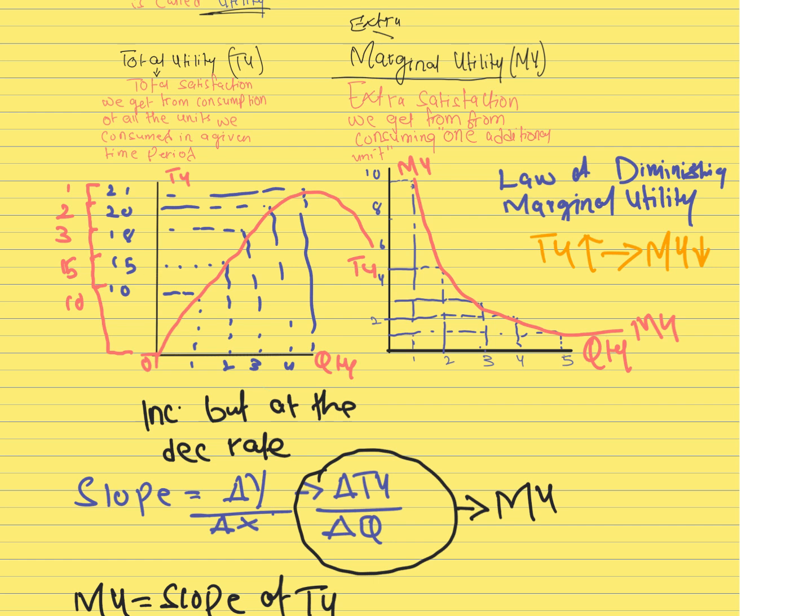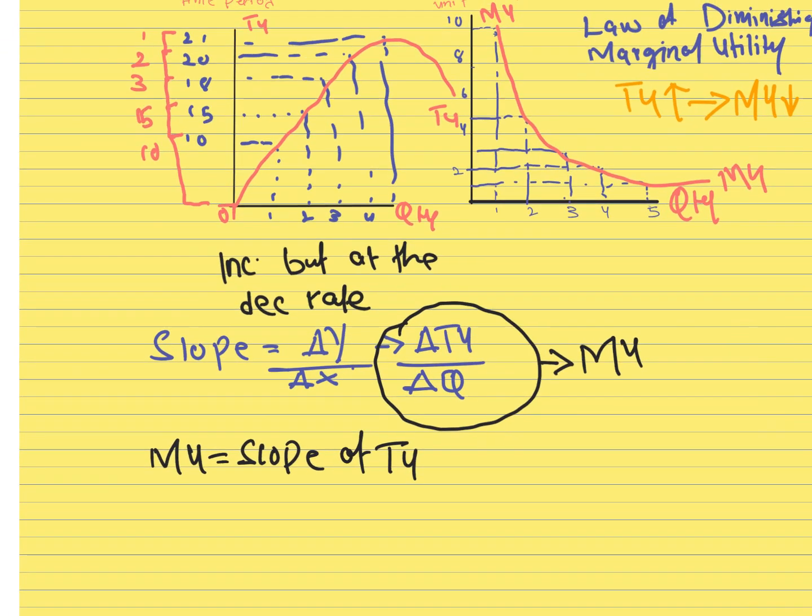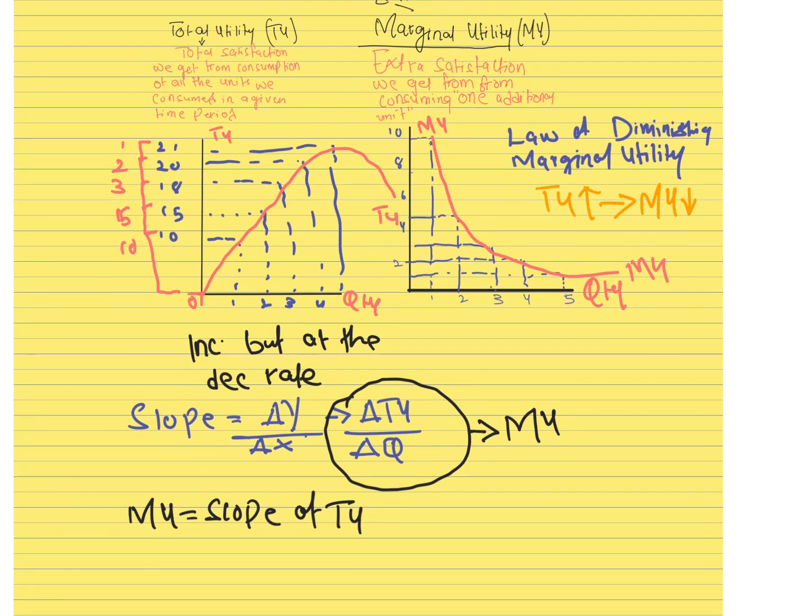We also learned that marginal utility is the slope of total utility, and this concept will help us to draw the marginal utility curve. If you remember, the marginal utility is the slope of your total utility, so it will be easier for you guys to draw the marginal utility curve in the exam.